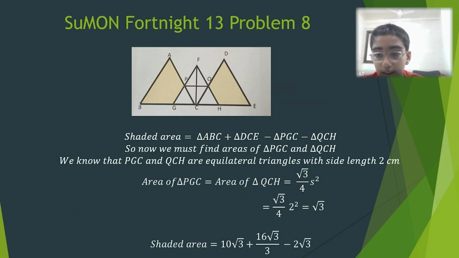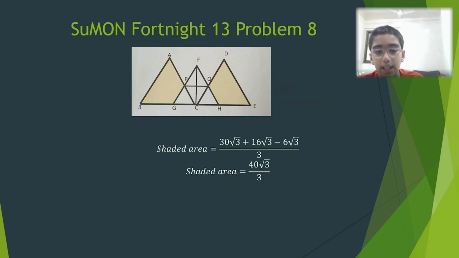We found that the side length is 2 centimeters. So upon substituting, we'll get the area of triangle PGC, which is equal to the area of triangle QCH, as √3. Now, the shaded area will be 10√3 plus 16√3 upon 3 minus 2 into √3. Now, upon solving that, we'll get 40√3 upon 3 as the shaded area. And that is our answer.